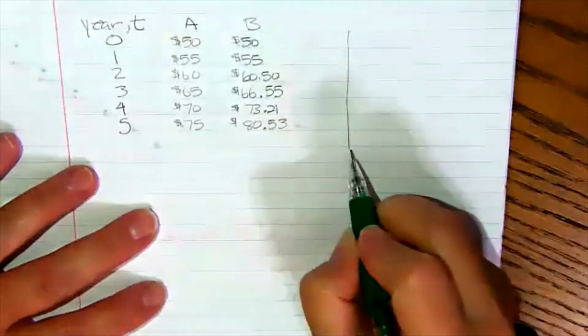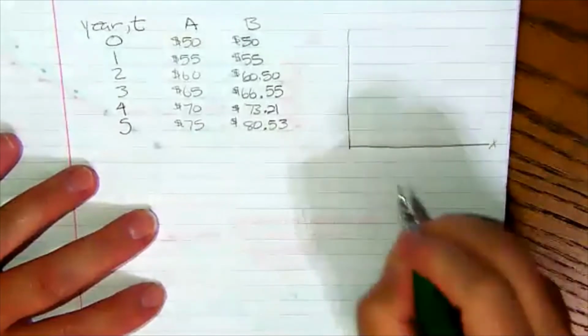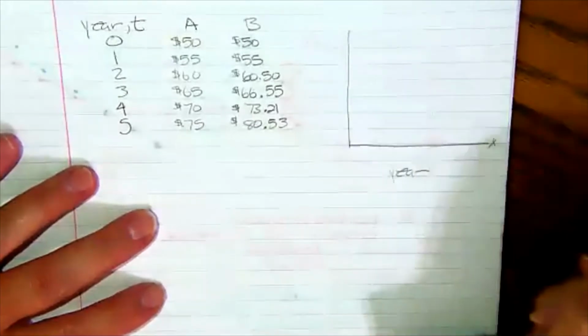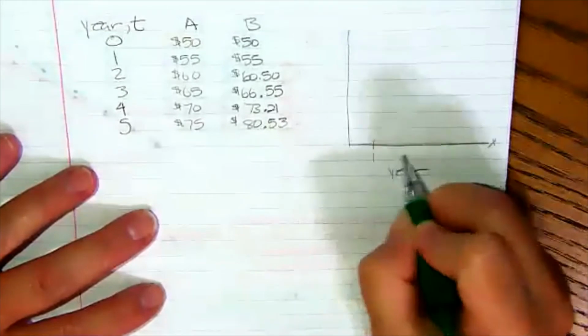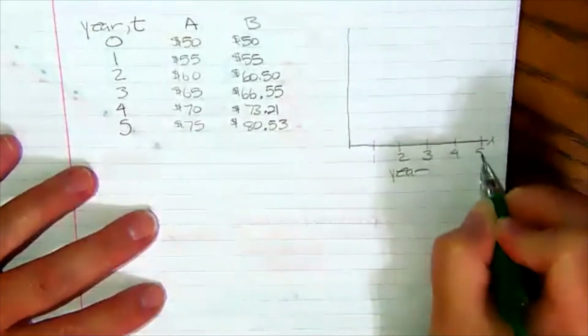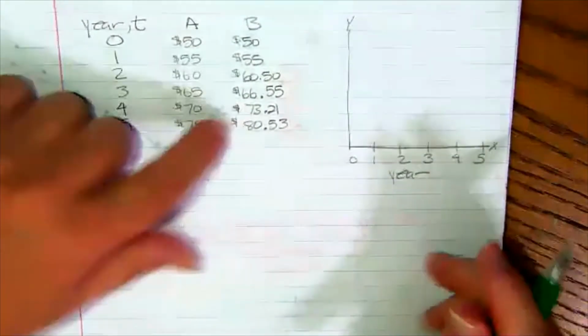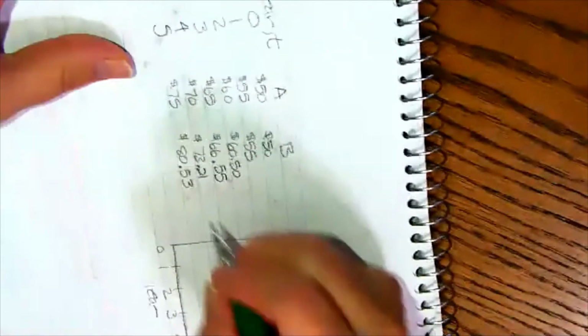So let's graph this and see what we've got. So here's my x-axis. This is the year. And I've got 1, 2, 3, 4, 5. My y-axis will be the dollars.